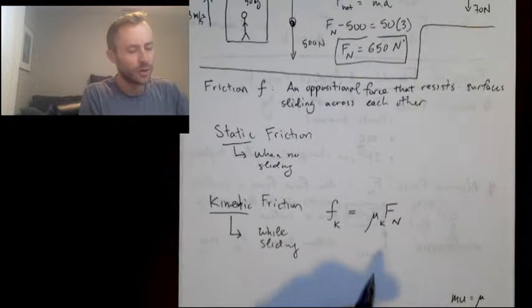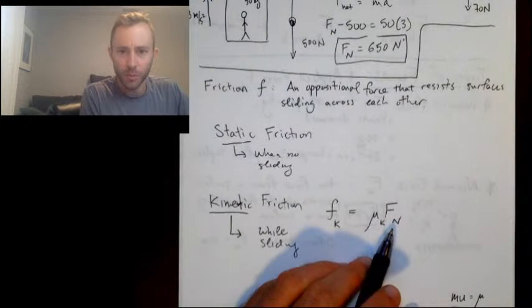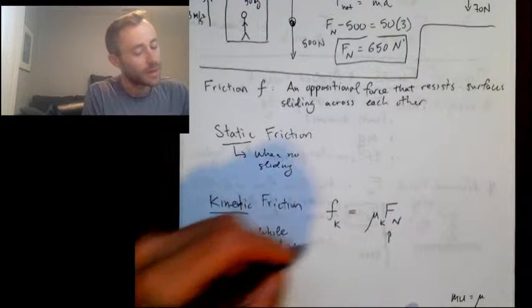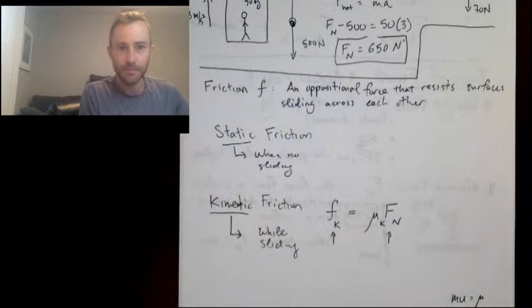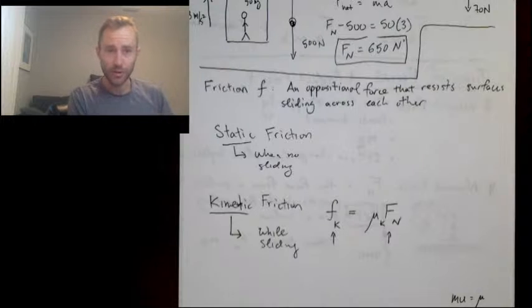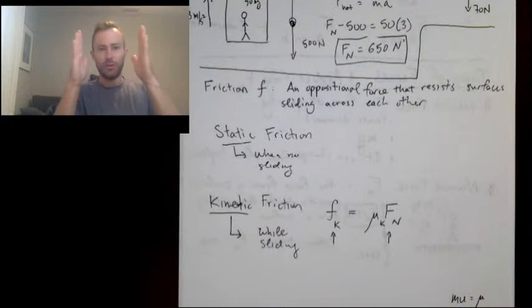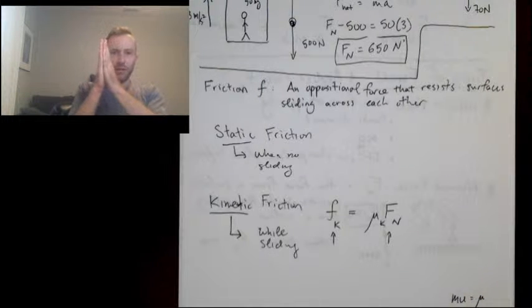Okay, so notice as the normal force is bigger, the kinetic friction is bigger. Okay, so why is that? It's just an experimental fact, but you can try it out yourself. If you push your hands together lightly, it's easy to rub your hands together.